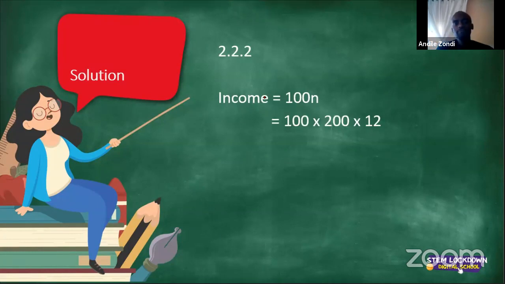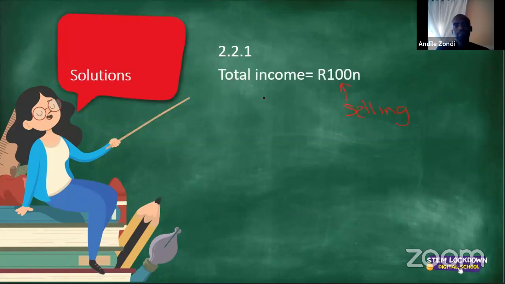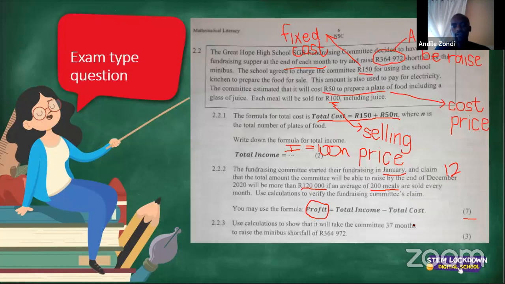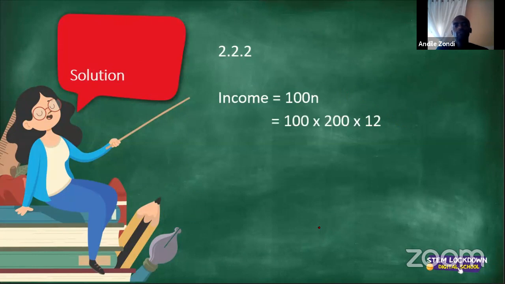Step number 1, we're calculating the income for 12 months. That's the formula for income times 12, because we're looking at 12 months. Remember, we're told that each month, on average, 200 plates are sold.